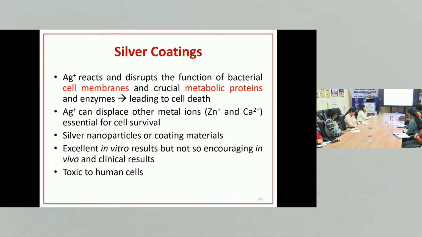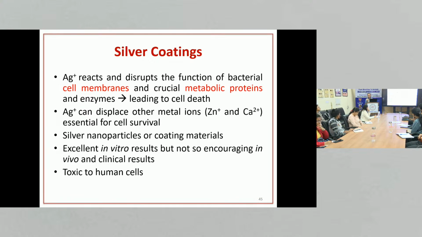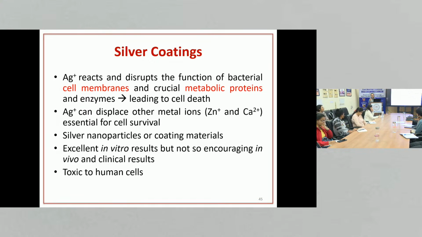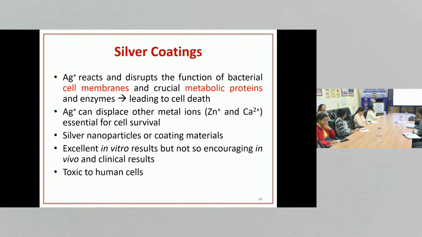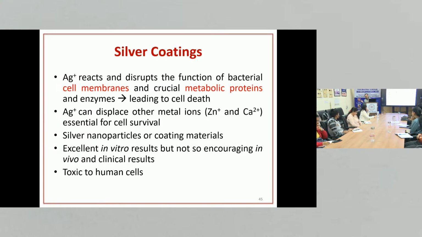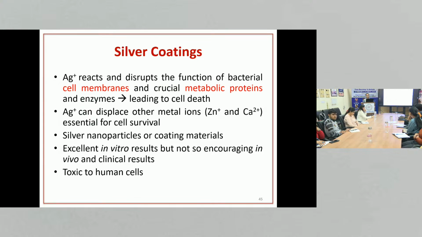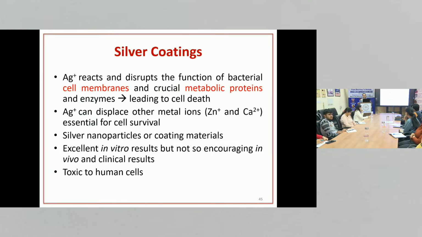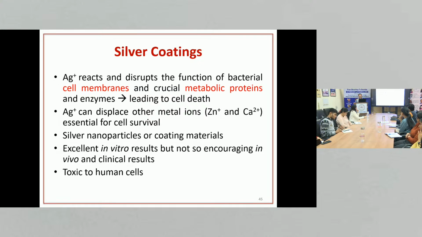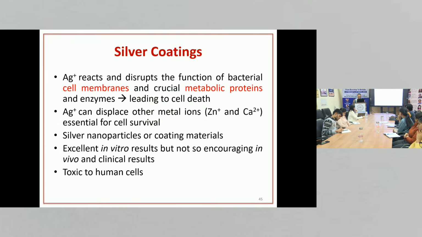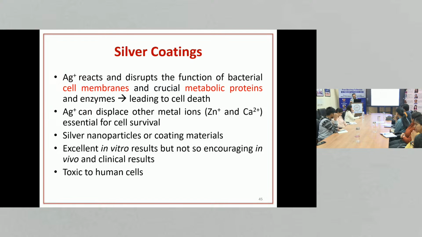With silver, there are good in vitro results, but in vivo or animal results are a little bit controversial. Some papers show it works, some papers show it doesn't work, and silver has been shown to be toxic to human cells. But it's in the market being used.